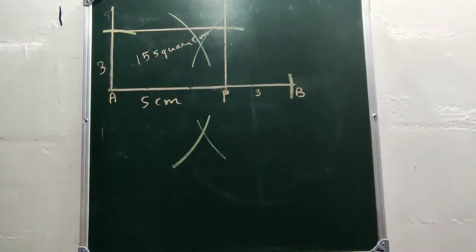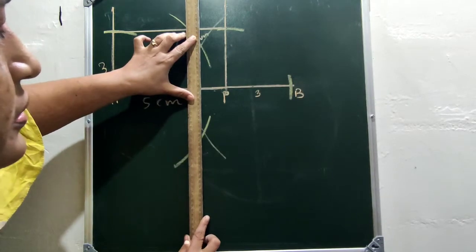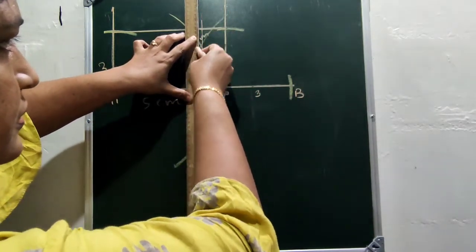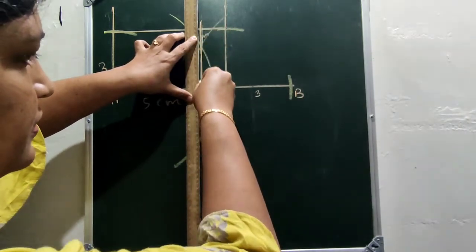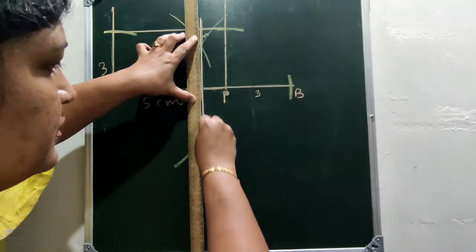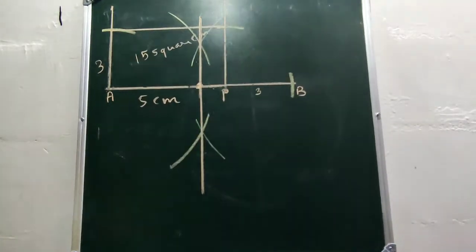Now join these two points. So we have the midpoint of AB. This is the midpoint of AB.